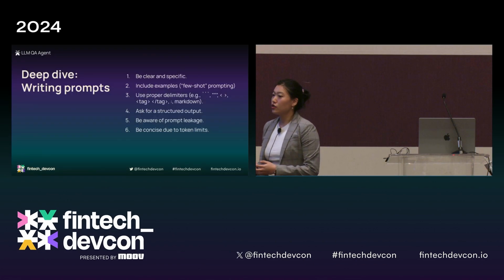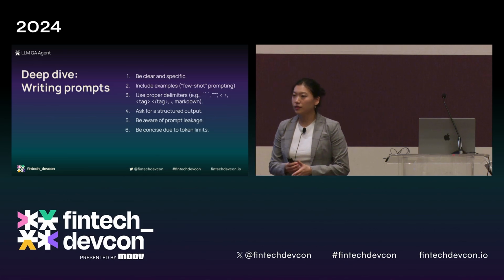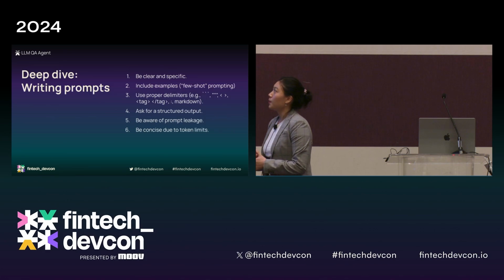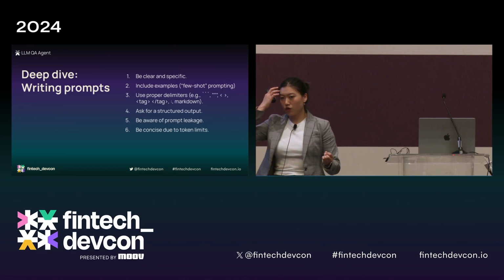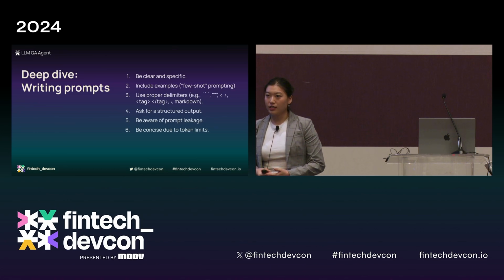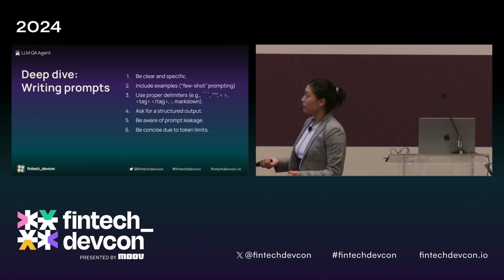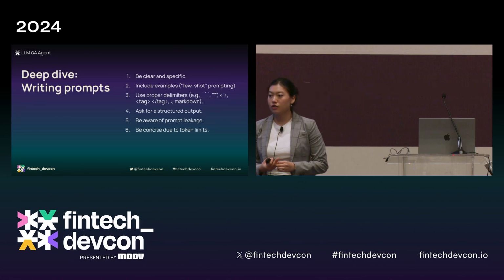The second part is to include some examples, which is called few-shot prompting. In this prompting, you can include a few examples in the system prompt for your agent to better understand your task requirements. And the third one is to use proper delimiters.